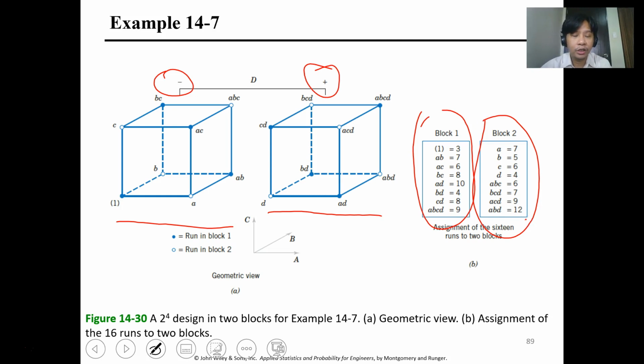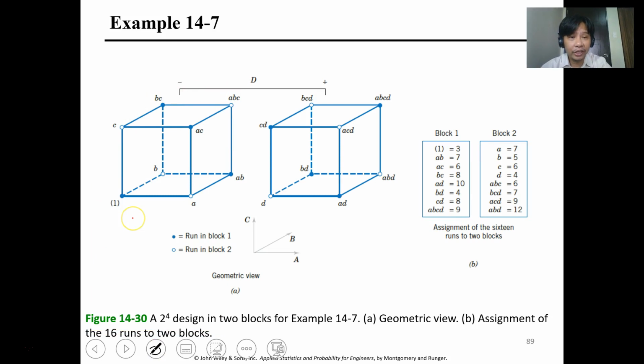You can see it alternates. This one is designed for gunner 1, and this one is for gunner 2.